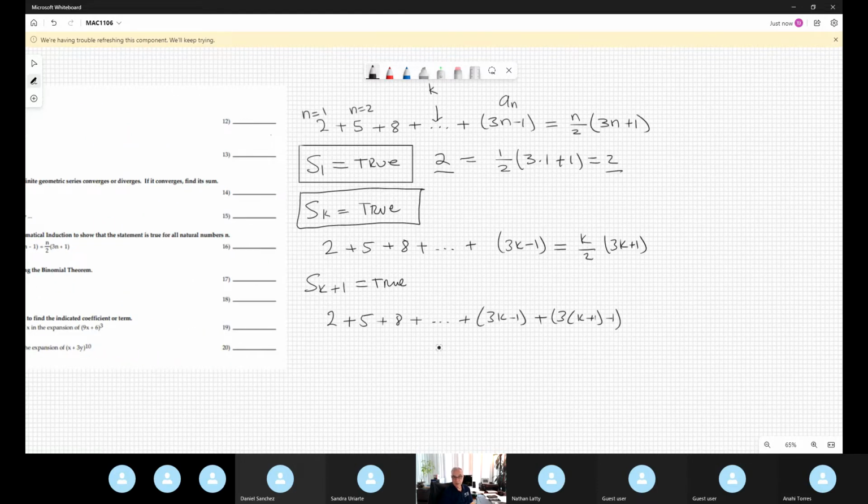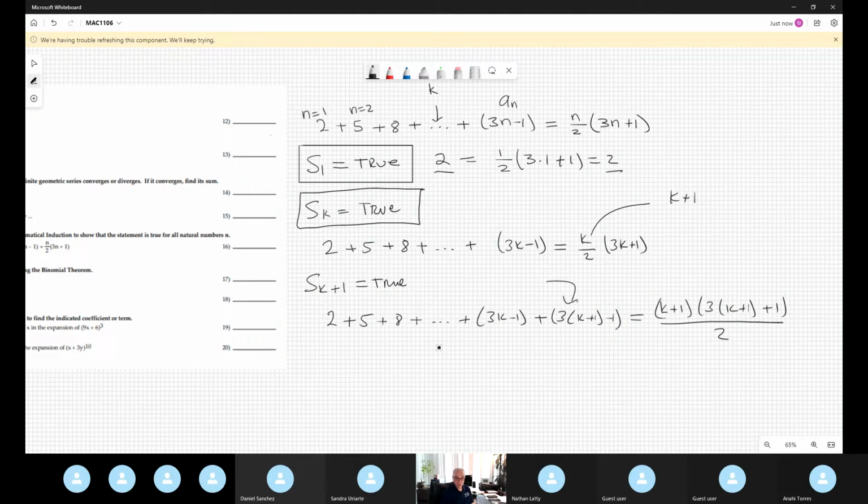You replace with k plus 1. Then k plus 1 times 3 times k plus 1 plus 1, over 2. Now the only thing I did was, on the left, attach 1 extra addition, k plus 1. But on the right hand side you replace k with k plus 1. It's logical, no? Because it's the next.